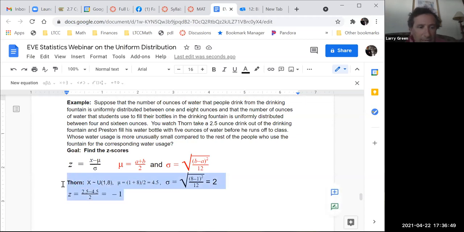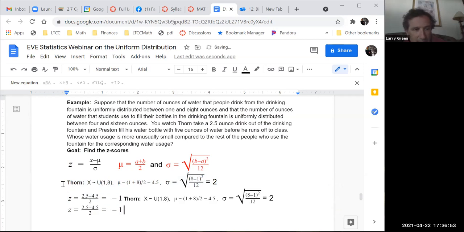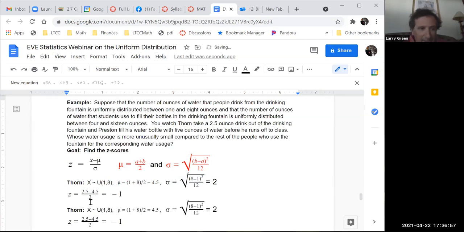All right, what I like to do now, just to make it easier to understand, I think, is I'm going to copy and paste and change what I need to. First, I'm going to change Thorne to Preston. Okay. And by the way, Thorne and Preston were students of mine in a stats class some years ago. So I like to use this one because they had cool names. Okay.